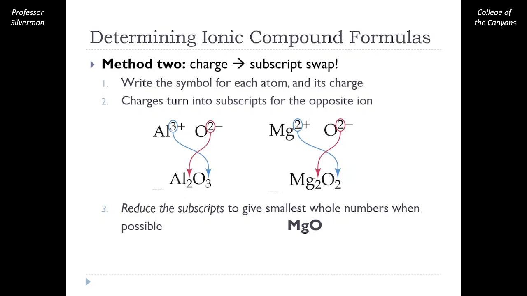We want to double check our subscripts and make sure that we cannot simplify to a simpler ratio, simpler recipe. For Al2O3, we're all set. For Mg2O2, well, both of these can be divided by 2, and we can scale down to just Mg1O1, which really is better written as MgO.